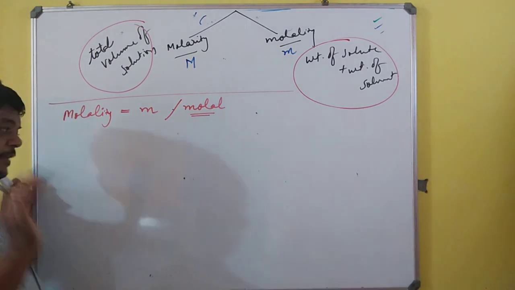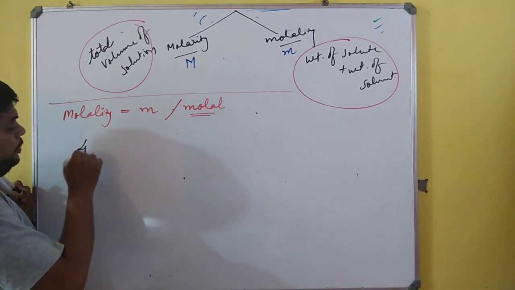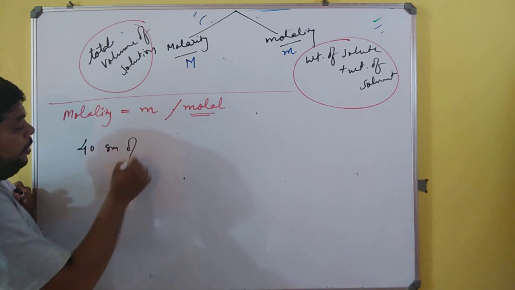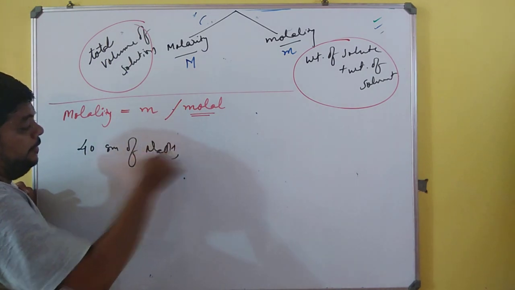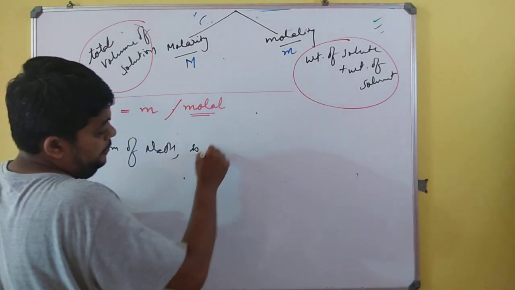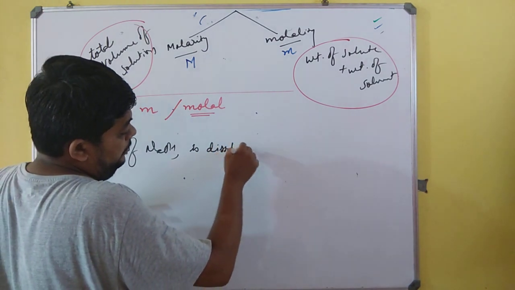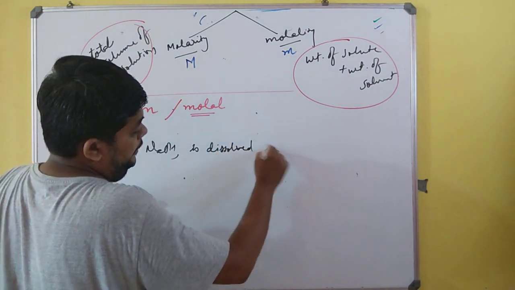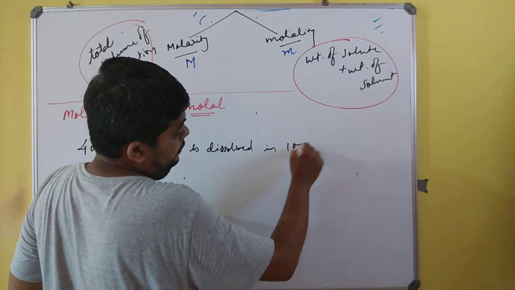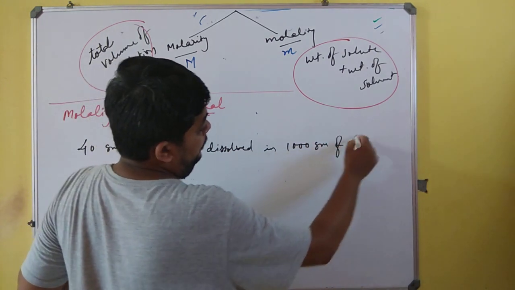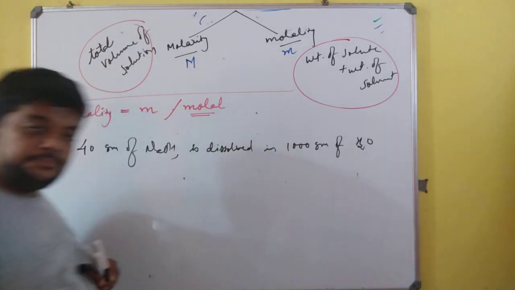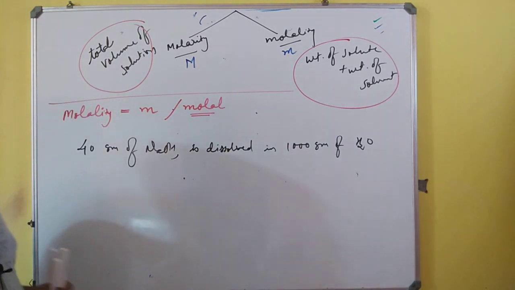So if I say that 40 gram of NaOH is dissolved in 1000 gram of water, what is the molality?